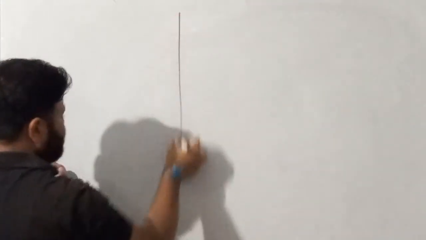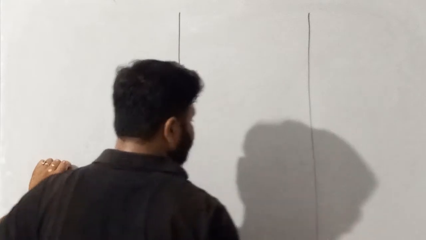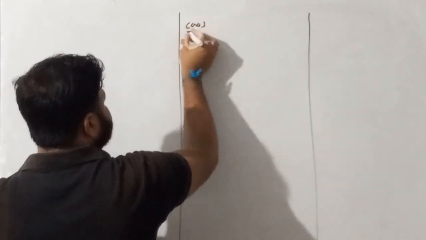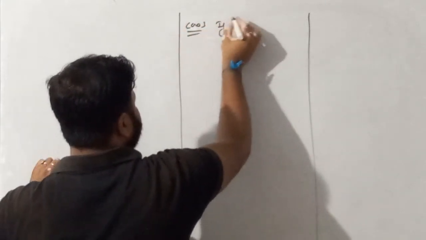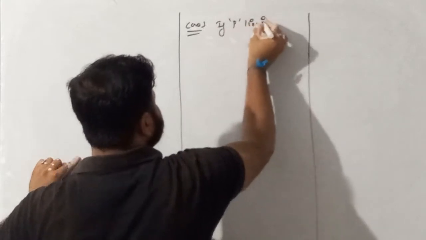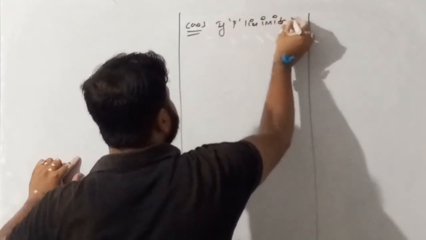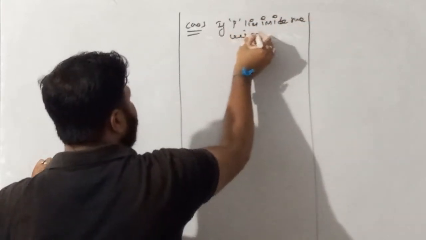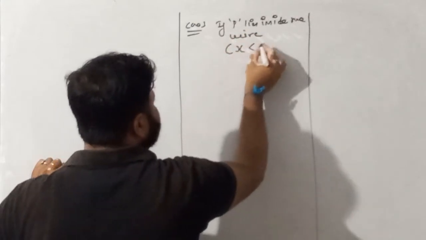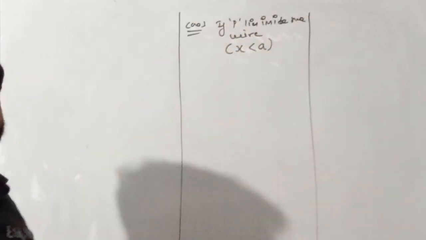So write down case 3: if P lies inside the wire, that is x is less than A, my dear student.